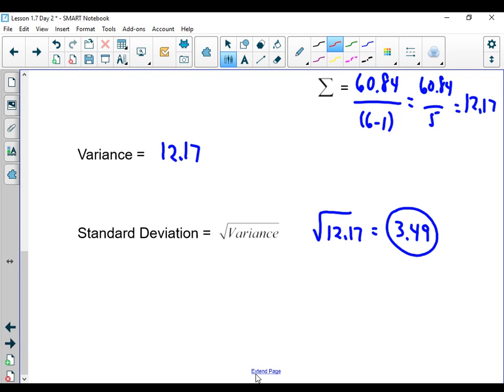Well, big deal. What's that telling me? We did a lot of work, we got a number, but what does the number really mean? Well, the standard deviation, remember, is the average distance that our data points are from the mean.